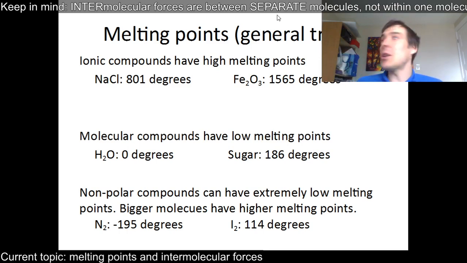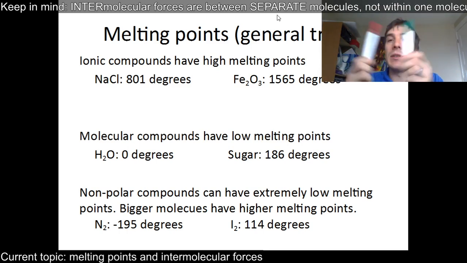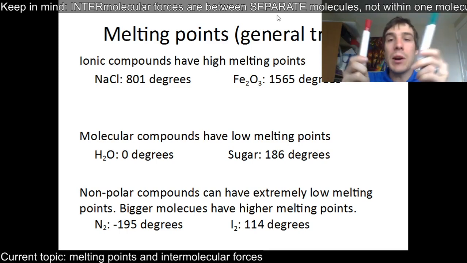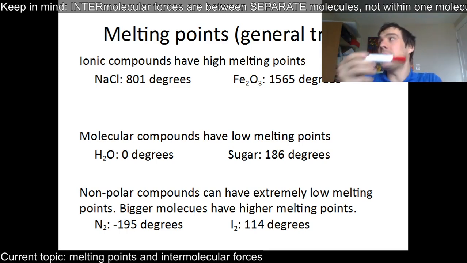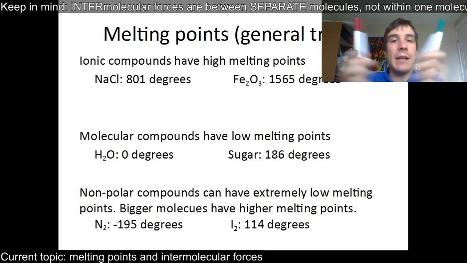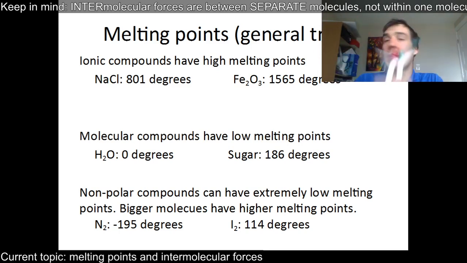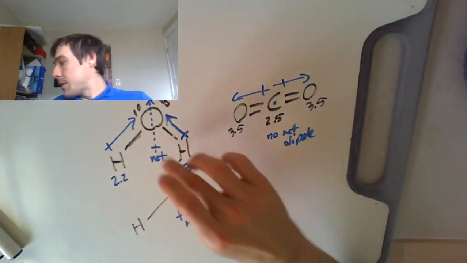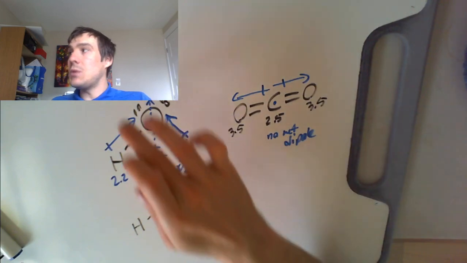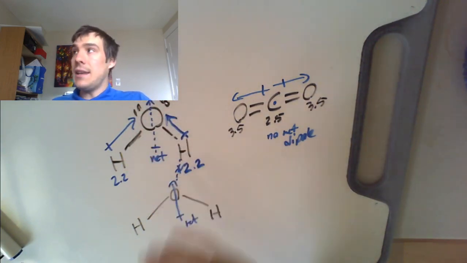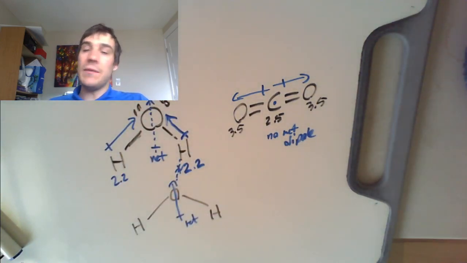Like intermarker forces would be these two markers, and the force between the two markers. Not within the marker, right? Not one marker, two different ones, and whether they're attracted or repelled from each other. Same thing with intermolecular forces. Just like I was talking about over here, where there's intermolecular forces between the two hydrogen molecules, right? Intermolecular, between two of them.